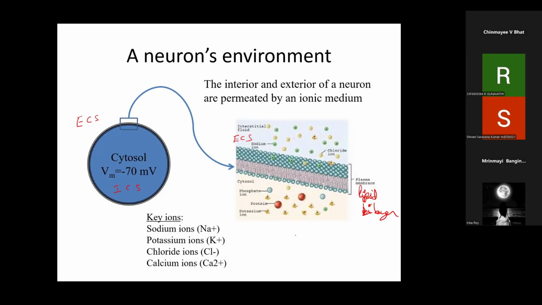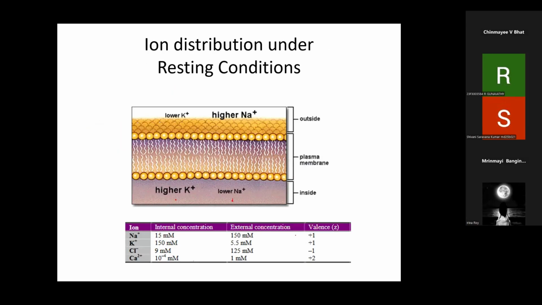Now, these two ionic media inside and outside of the cell are separated by the membrane, which is a lipid bilayer membrane. And it's an insulating sheet which separates these two media. Now, the ion concentrations on these two sides of the membrane are at different levels. So, for example, this table gives you the typical numbers.